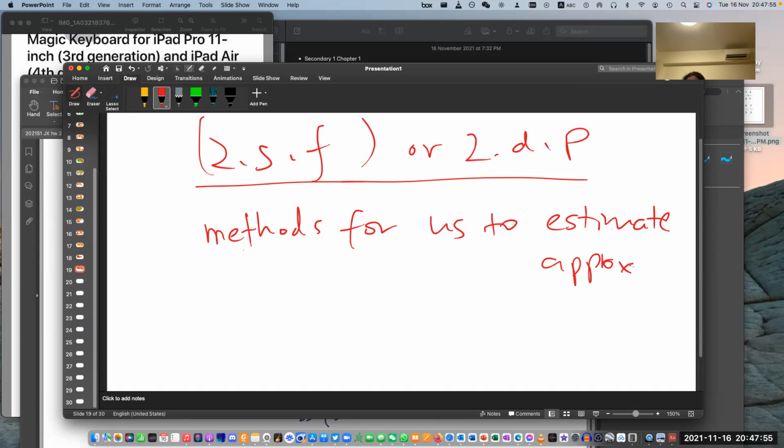Approximate means round, round off, not exact. Estimate, approximate, round off, they mean the same thing. So we just want to estimate. We don't want to know the exact number.